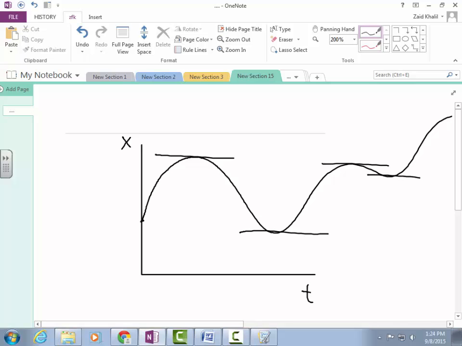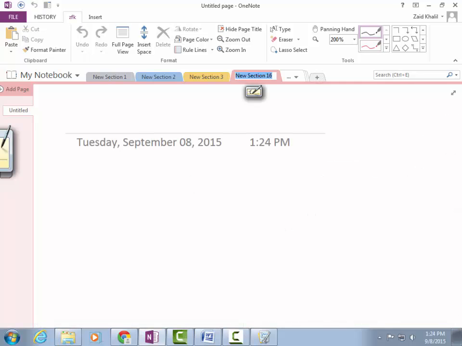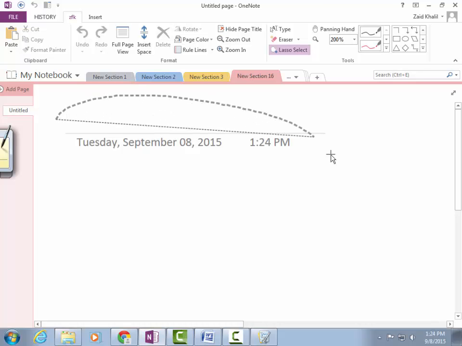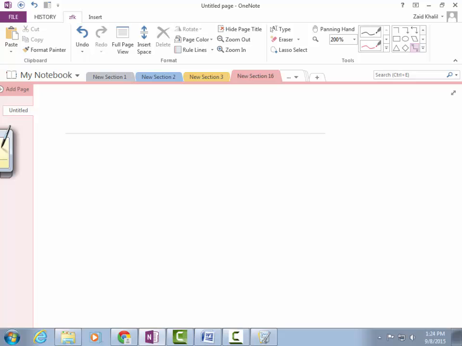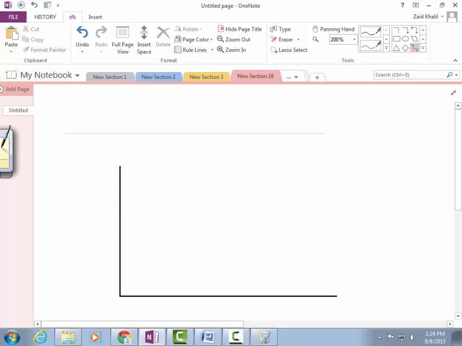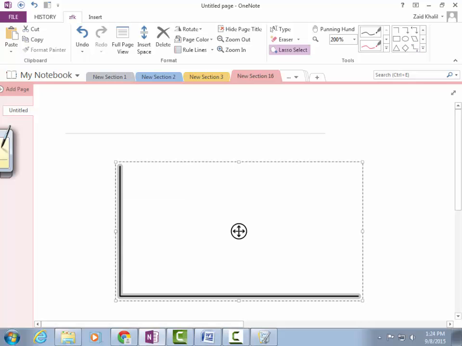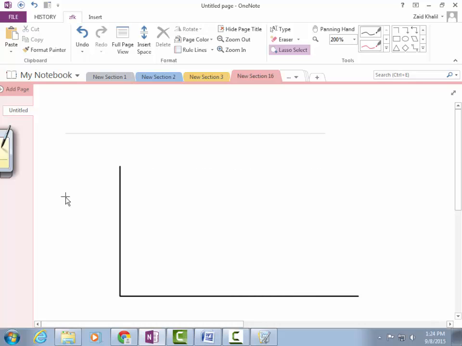Another thing you need to know, and this one is more important for theoretical reasons that will become clearer later, is if I take a position time graph and I take 2 points.